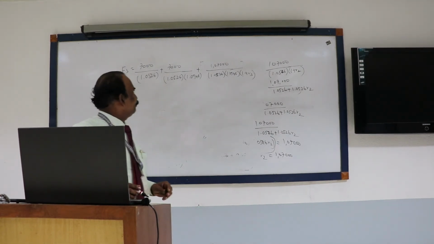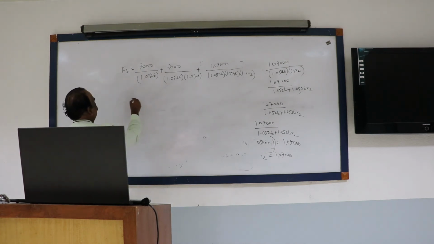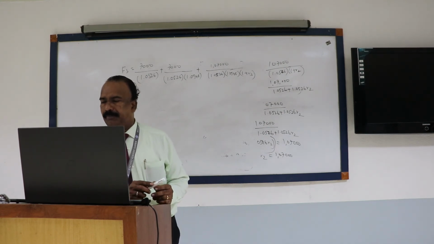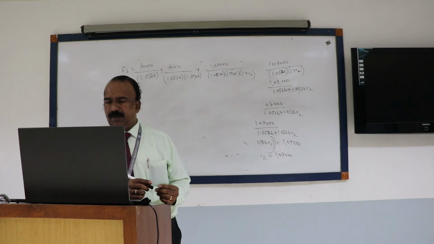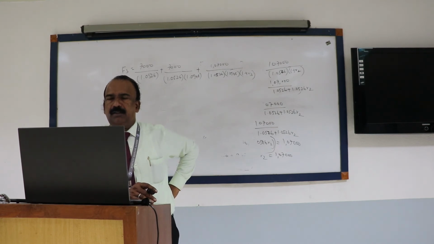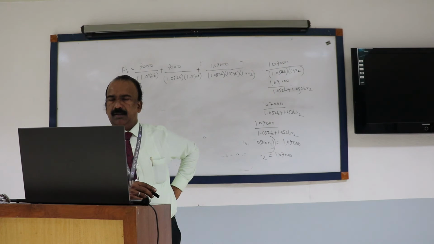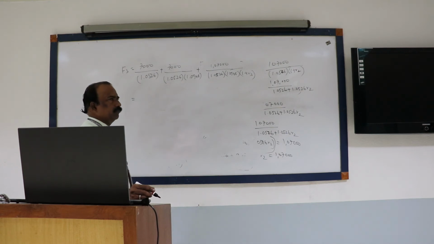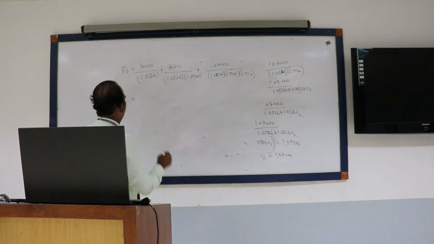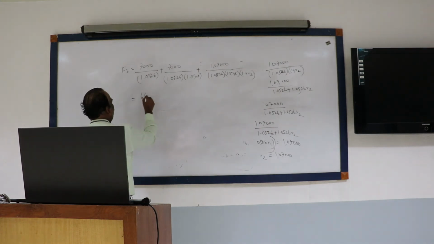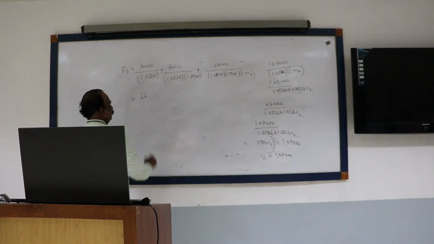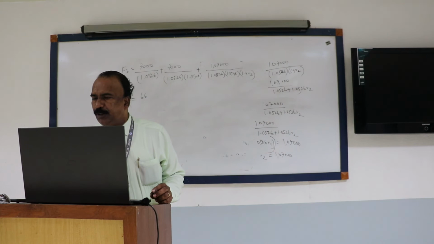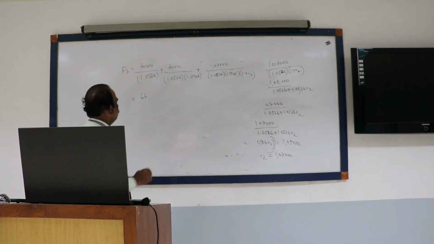So 7,000 divided by 1.0526. How much comes? 6,650.2, correct? Yes, sir. Okay.